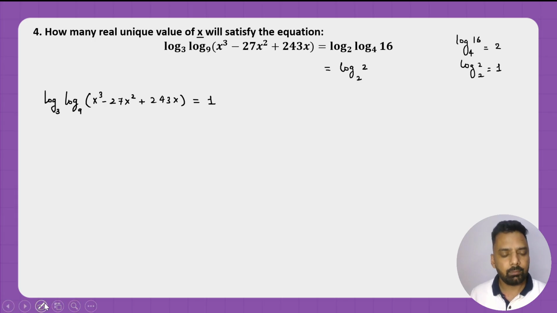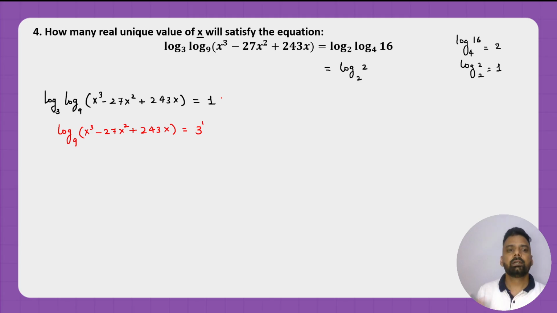Now let's start simplifying this. We have log of base 3 and power 1. So I can write it as log base 9 of x cube minus 27x square plus 243x is equal to 3 to the power 1, right? This is base, this is power.